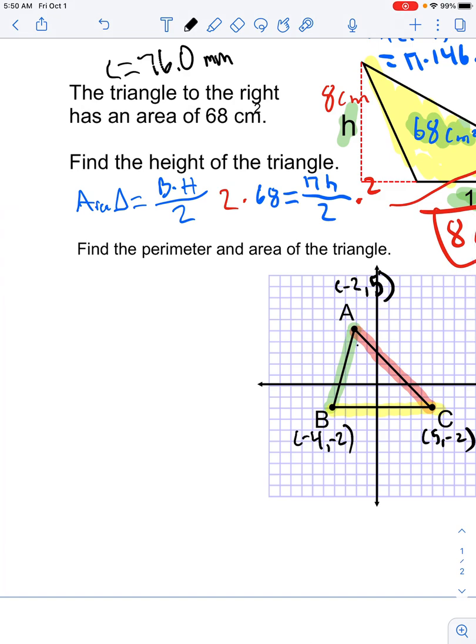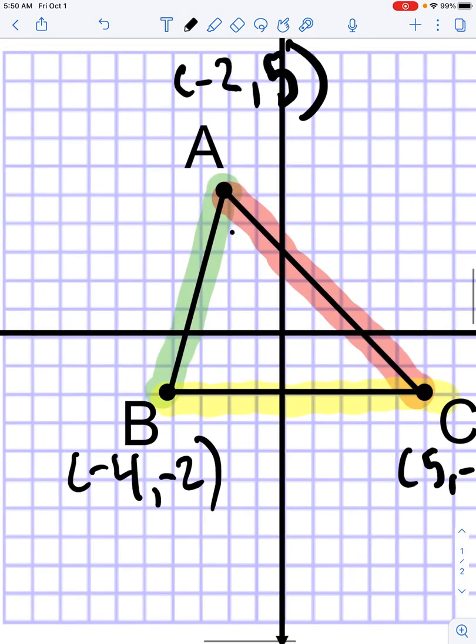In order to figure out the perimeter, I have to find the length of AB, the length of AC, and the length of BC. Now I can figure out BC really fast because that's just a straight line.